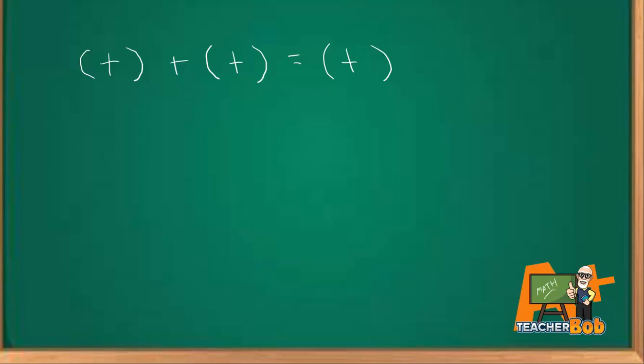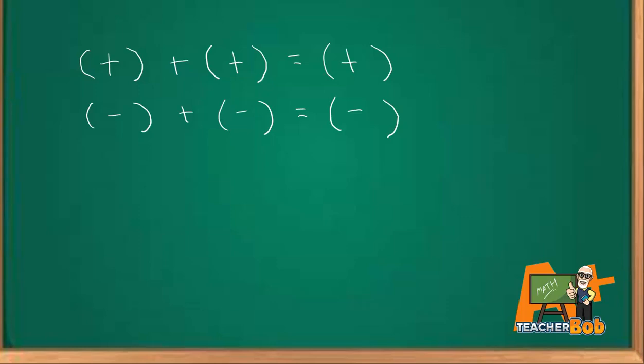When you add two negative integers, the result will always be negative. So negative 5 plus a negative 3 would equal a negative 8, or negative answer. So positives plus positives equal positive, and negatives plus negatives equal negatives.